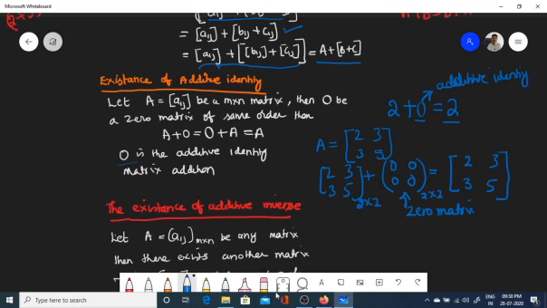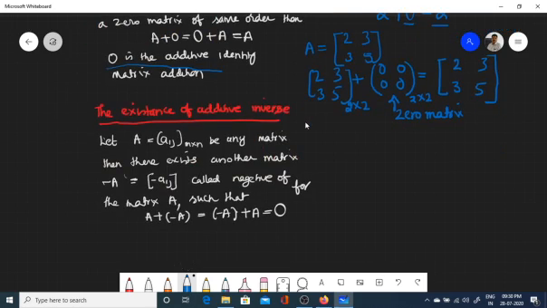So here, if A is equal to Aij be an m by n matrix, then O is taken as a notation for a zero matrix of the same order, then A plus O equals O plus A is equal to A. Then the existence of additive inverse.